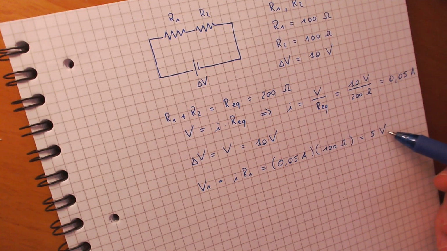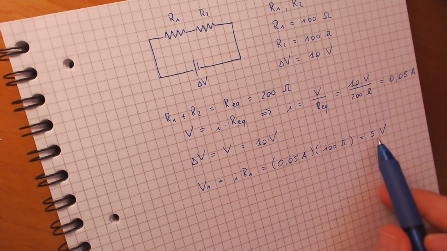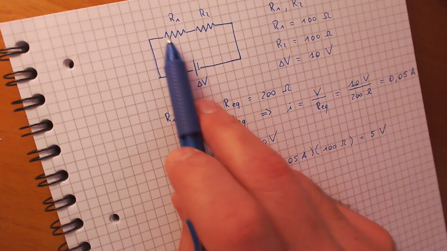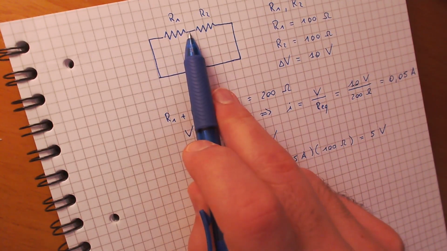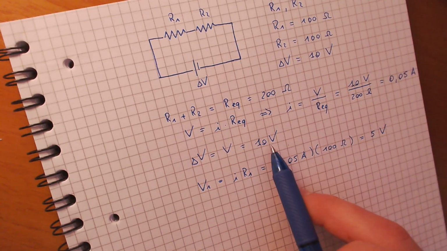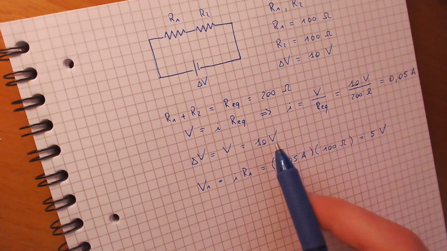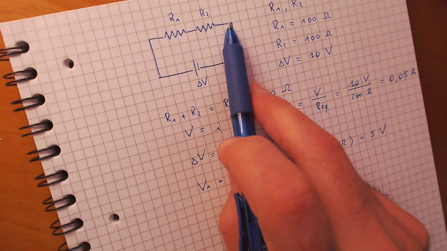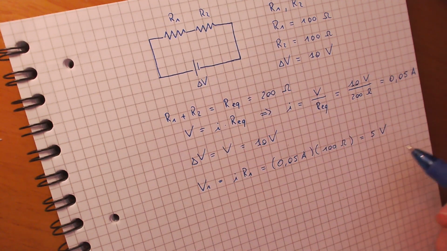As we expected, the sum of the voltage across the first resistor and the voltage across the second resistor is 10 volt, which is the voltage across the equivalent resistance. So we are happy with this result.